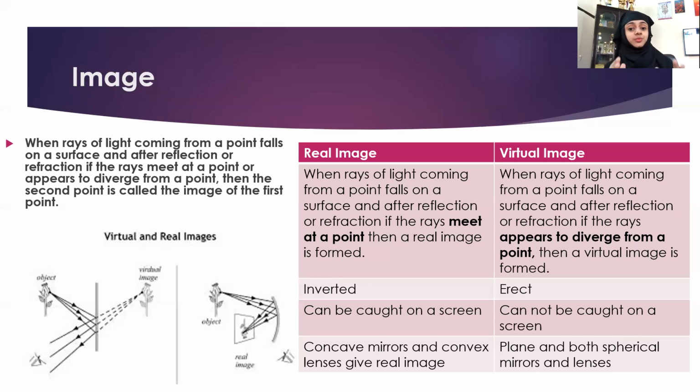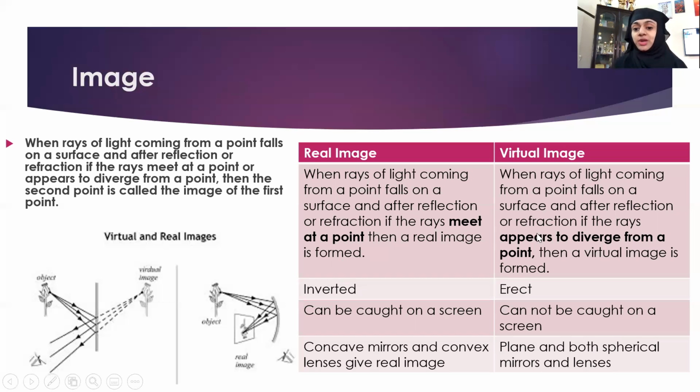Real images are obtained when the light rays actually meet after reflection or refraction, and virtual images are obtained when they appear to diverge from a point after reflection or refraction. Real images will be inverted and they can be caught on a screen, and they are formed by concave mirrors and convex lenses only, not by plane mirrors, not by convex mirrors, not by concave lenses.